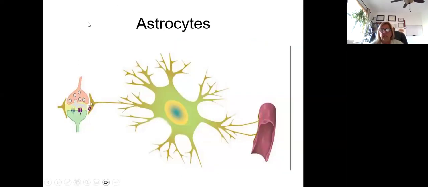So here's just a picture of an astrocyte, and you can see how it's reaching out and participating in the exchanges of gases inside that node of Ranvier.